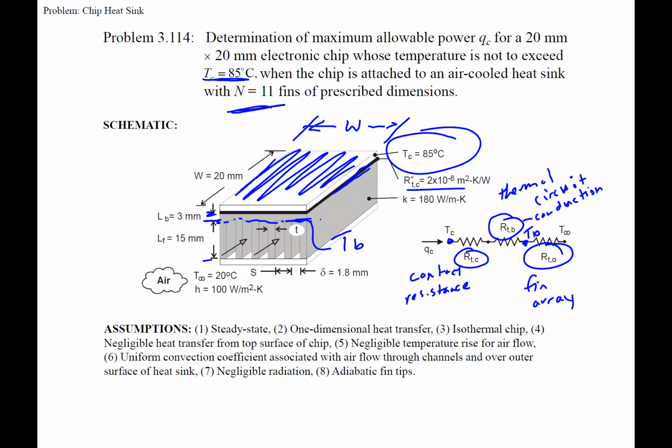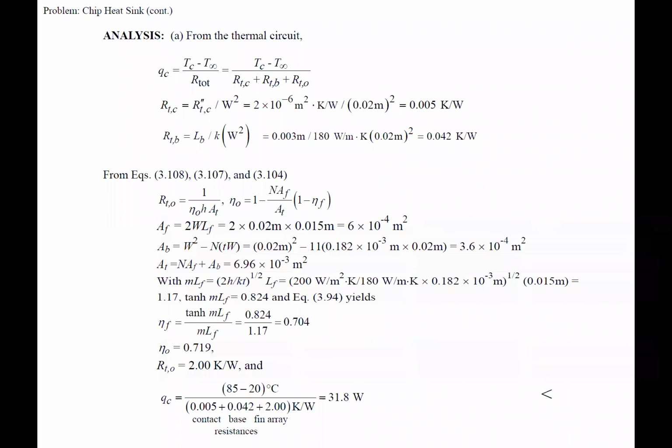So if we want q_C, we know T infinity, we know T_C, so we can just take our thermal circuit across that: T_C minus T infinity over the total resistance. We know this temperature and this temperature, we need to get our resistance.